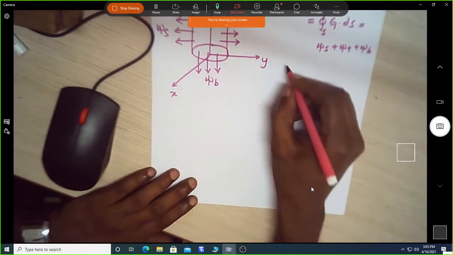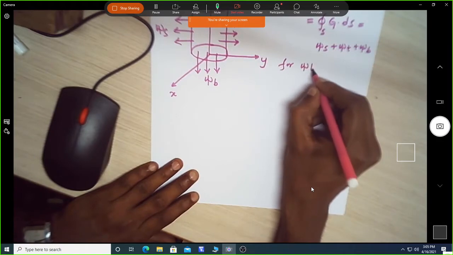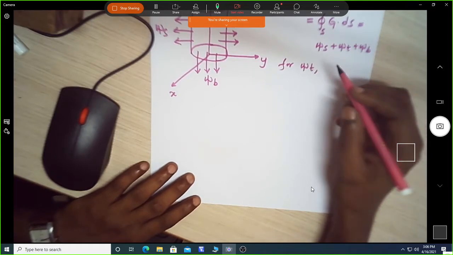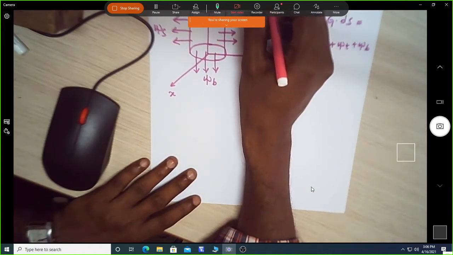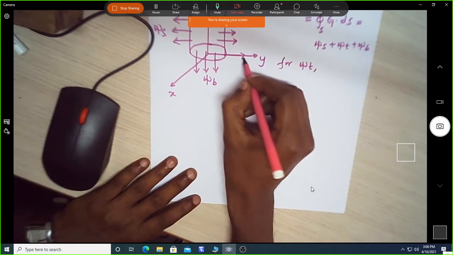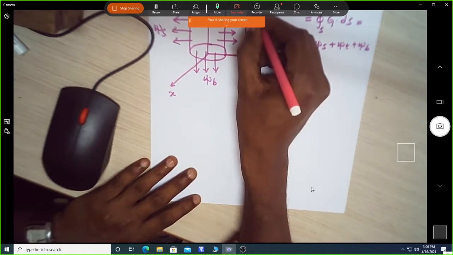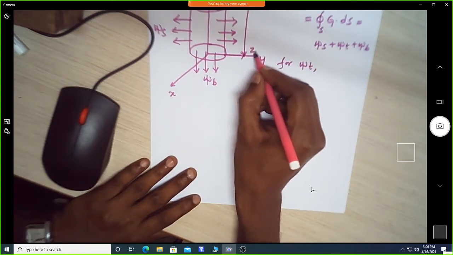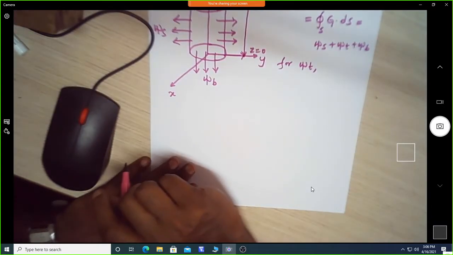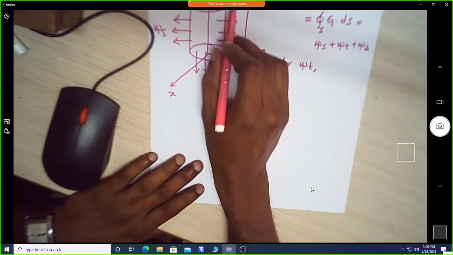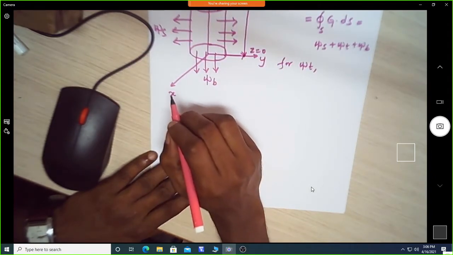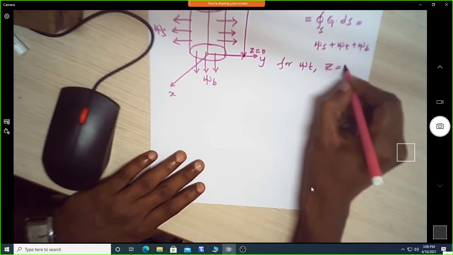Now for the flux coming from the top surface, what is the z value? Here you can see z is varying from 0 to 1 up to the top surface. So this surface is located at z equal to 1, so z equals 1.